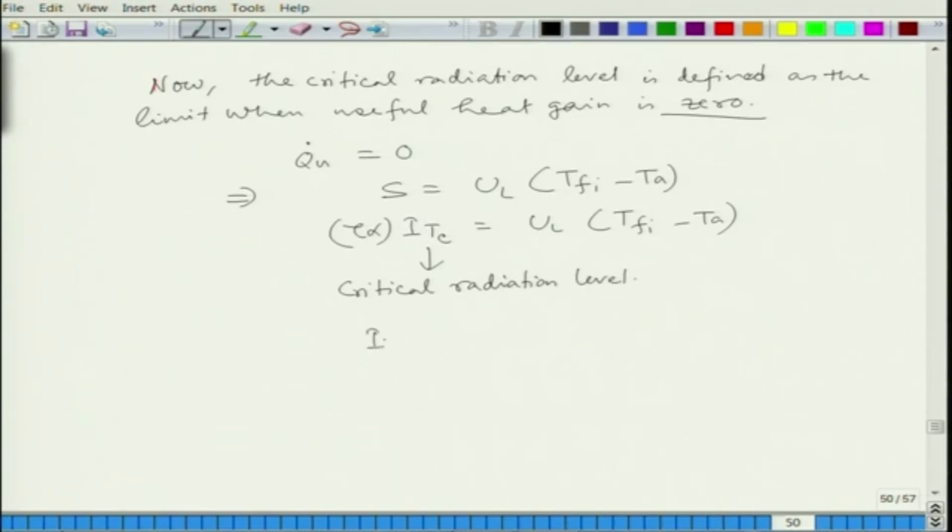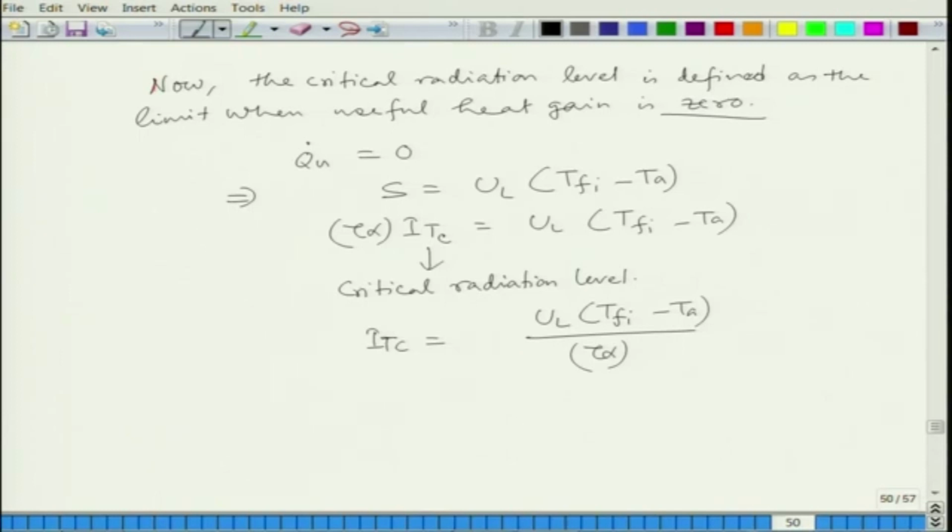So, which you further can write in terms of ITC will be equal to UL (TFI minus TA) divided by tau alpha effective, right. So, you can see that if the solar intensity on the collector has this ITC value, you are not gaining anything, you are just gaining 0, because whatever you are gaining is being lost to the atmosphere.